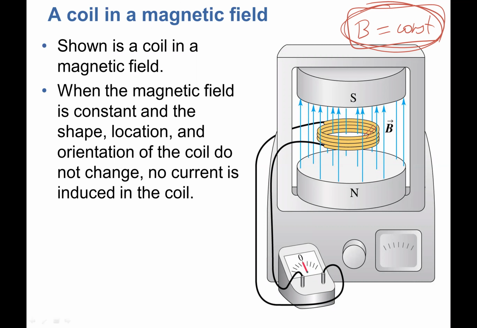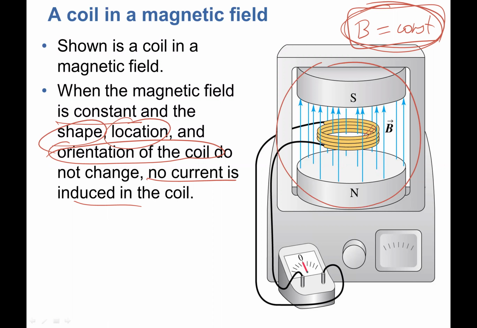When the magnetic field is constant, and the shape, location, and orientation of the coil do not change, then no current is induced in the coil. If I leave the system like that, you're going to get zero current the whole time. You can wait 5 minutes, 10 minutes, 1 hour, nothing will happen.